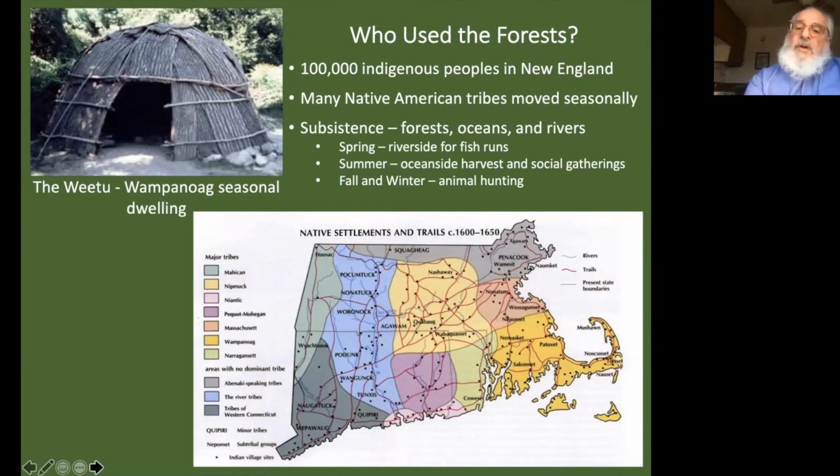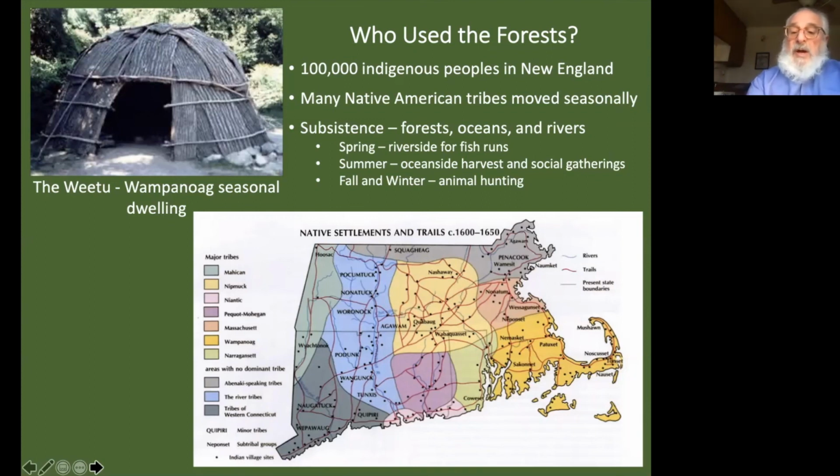The highlights are that it was well populated, with 100,000 indigenous people in New England. And the tendency was, at least in the early times before corn, and then later, especially with the Wampanoags, to move seasonally for their subsistence. So in spring, they would find the rivers where the shad were running, or maybe other fish were running, and they would gather food in that way.